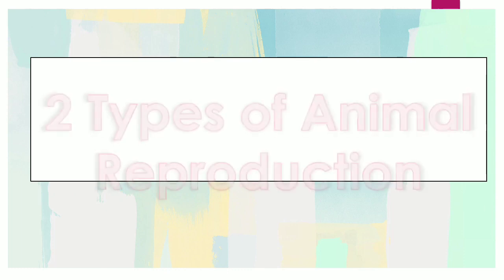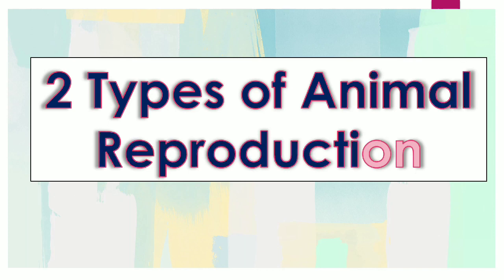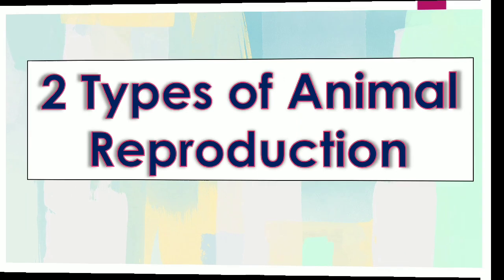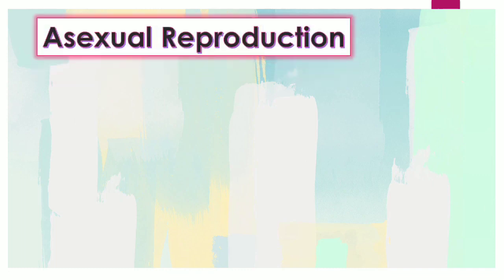There are two types of animal reproduction. The first type is asexual reproduction. Asexual reproduction involves only one parent, a method of reproducing without the need of a second parent.